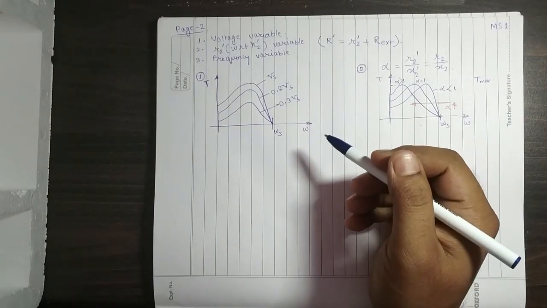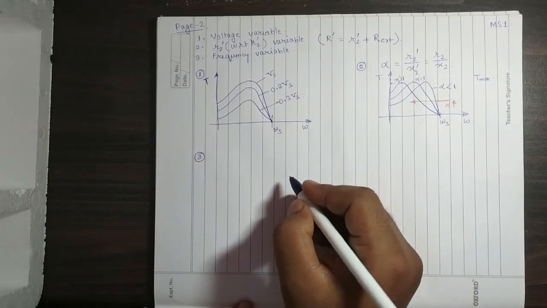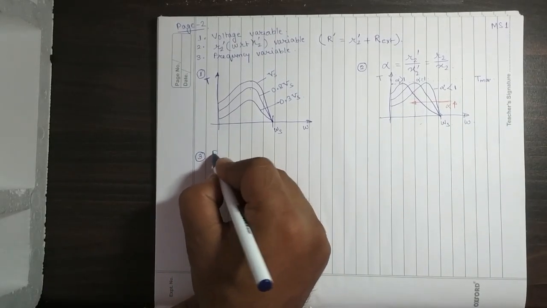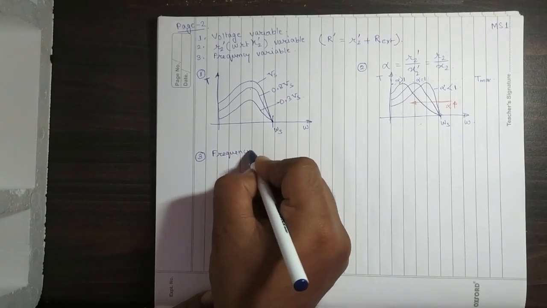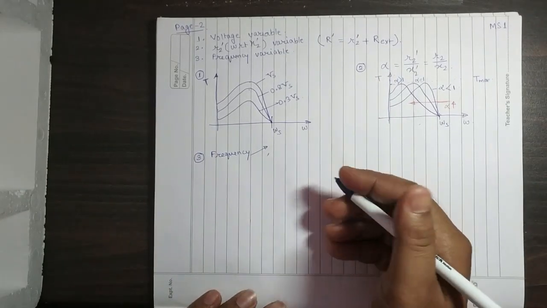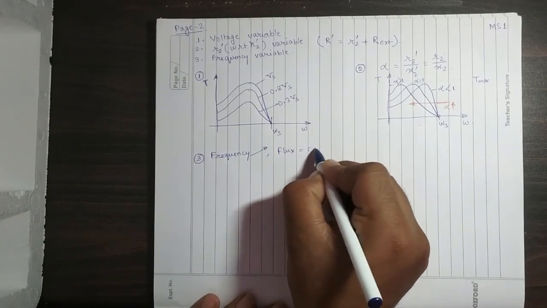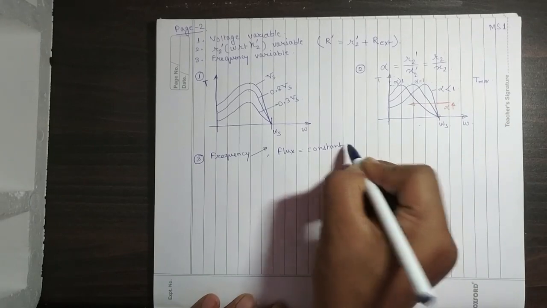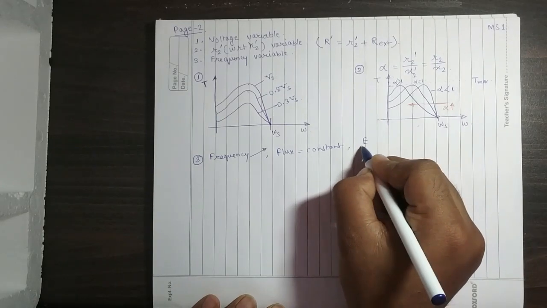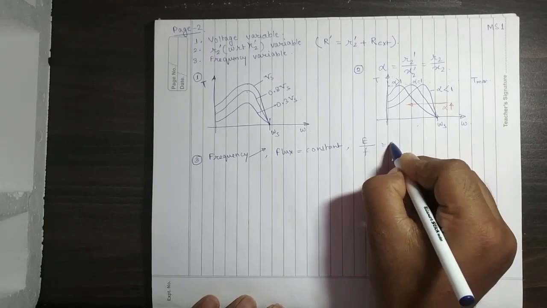And number 3, you have to keep in mind 2-3 important things. One is that you are varying the frequency, right? So when you are varying the frequency, you have to keep the flux constant. So to keep this flux constant, this E by F ratio has to be kept constant.